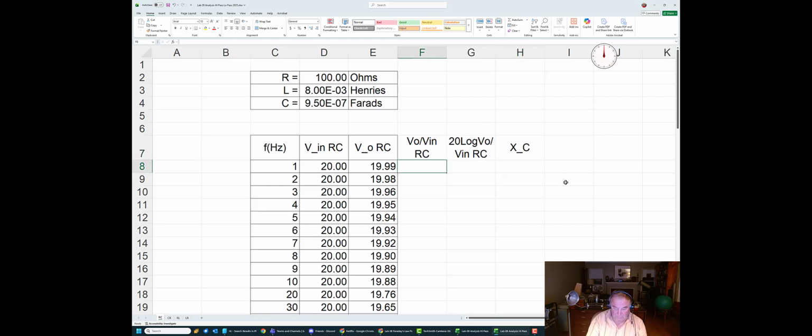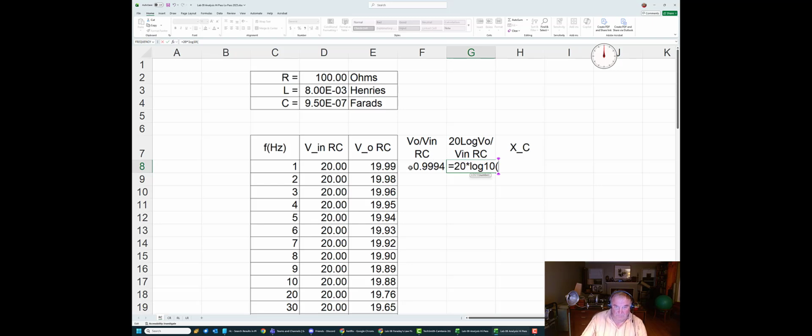So this equals V out divided by V in, and then 20 times log, oh, I forgot to put equal sign again, equals 20 times log, and we want log base 10. Oh, I thought it would fill it in for me. Log 10, and then open parentheses.